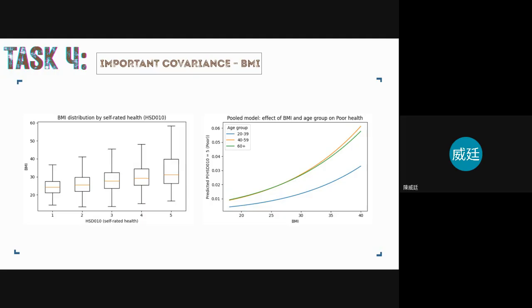All 3 curves are increasing as BMI goes from 20 to 40. The predicted probability of poor health grows from around 1 to 2% up to 5 to 6%. At the same BMI, the older age groups have slightly higher probability, which is consistent with what we saw before.